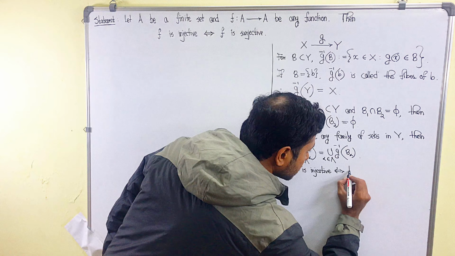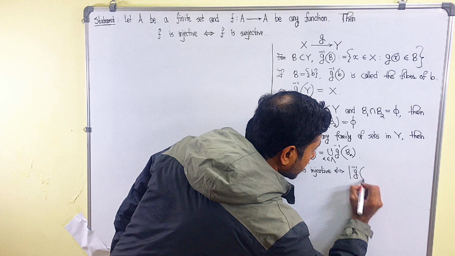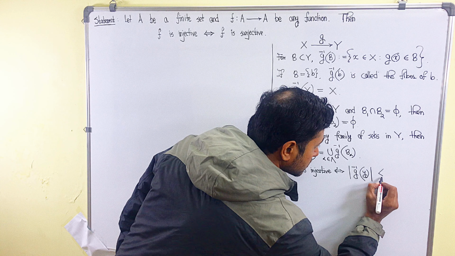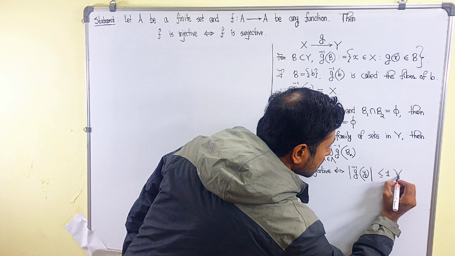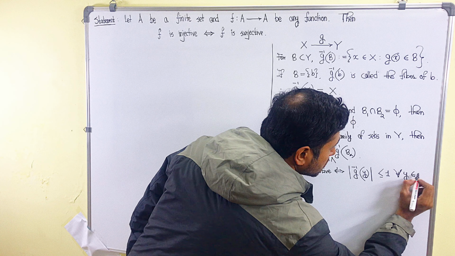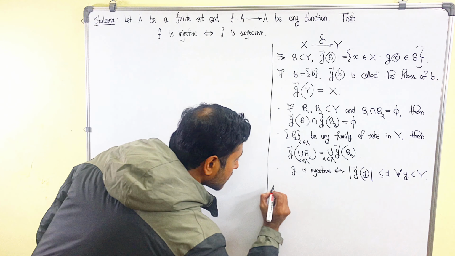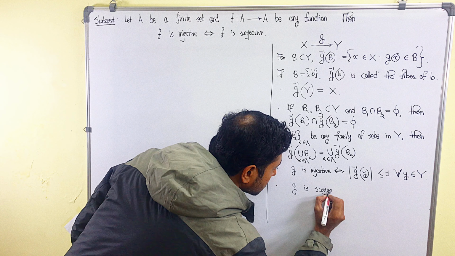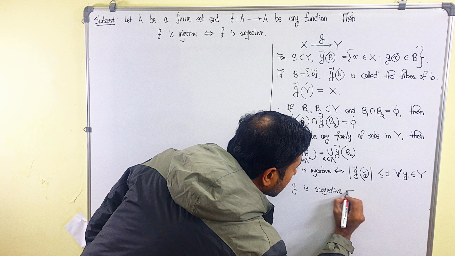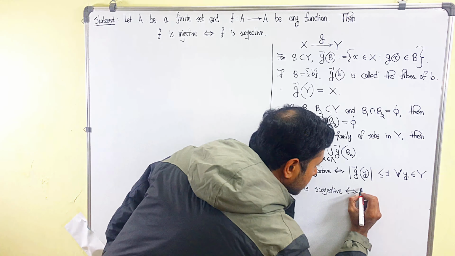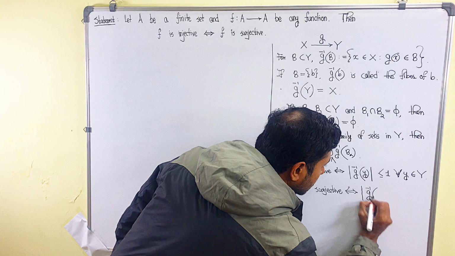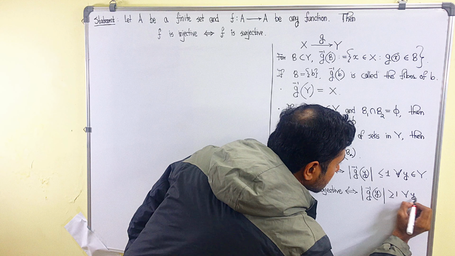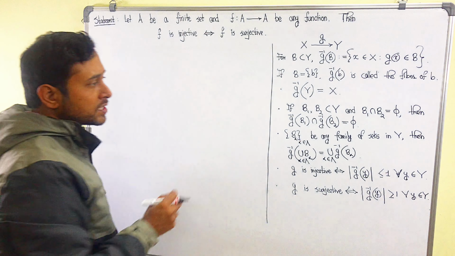So if and only if the cardinality of g inverse of y, each fiber, is less than or equal to 1 for all y belongs to Y. Similarly, g is surjective if and only if each fiber has at least one point, or each fiber is non-empty. So we'll be using all these facts to prove this result.